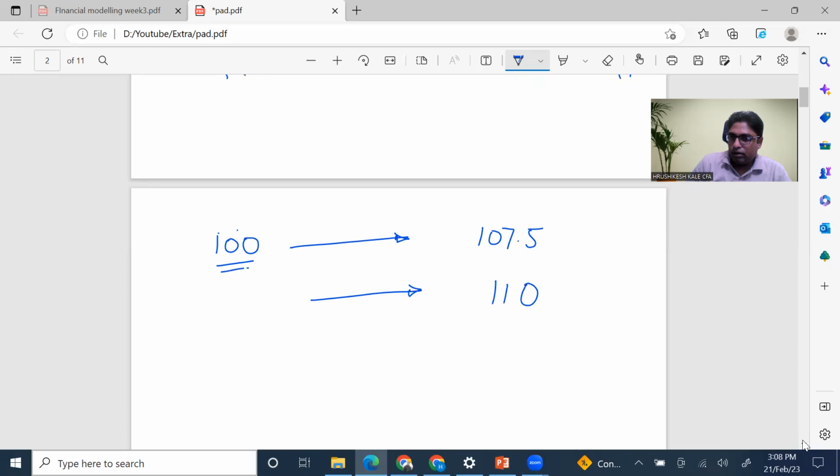The chances are that with some risky investment it might even become 115. So which rate should I consider?